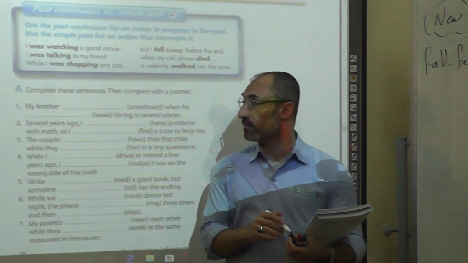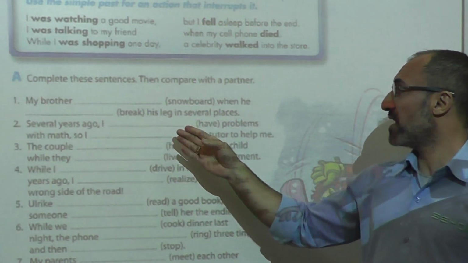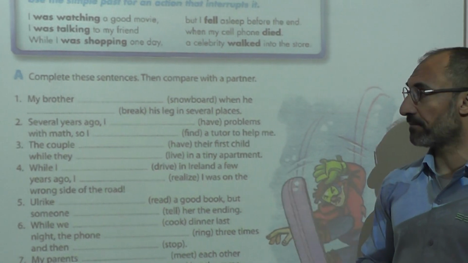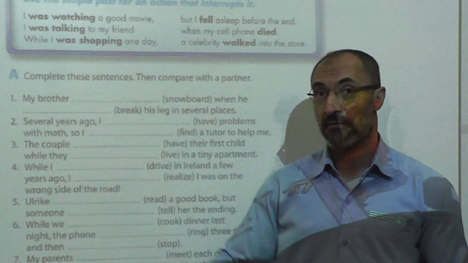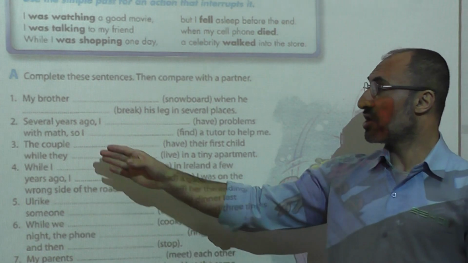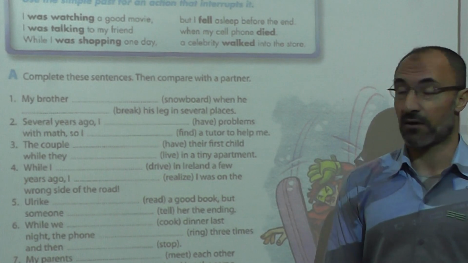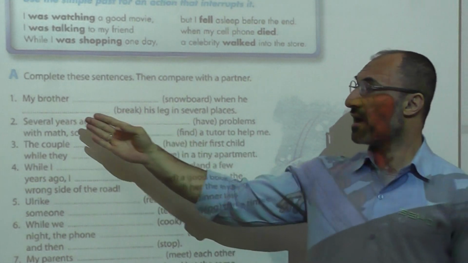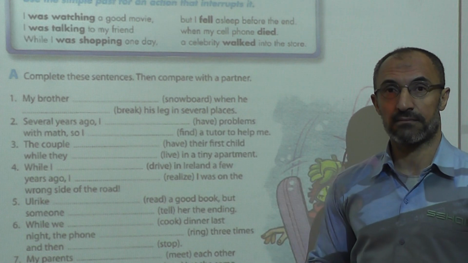So point number 2 says what? Several years ago, I space have problems with math. So someone is having a problem with math. So I space find a tutor to help me. Again, several years ago, I space have problems.